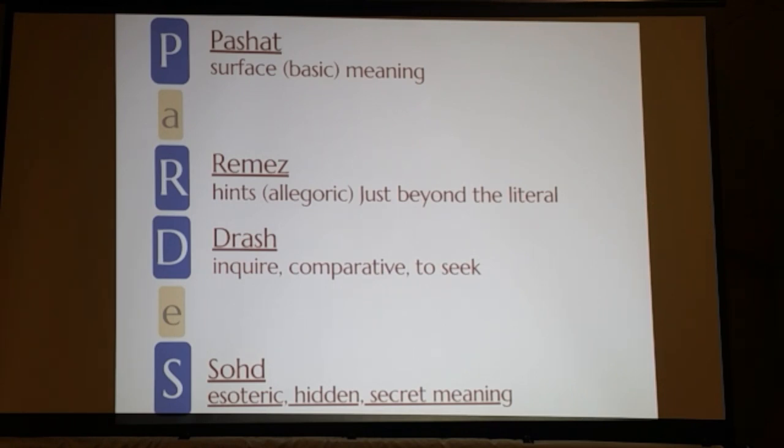The Remez is the hints or the allegory. It's just beyond the literal. Let's go back to Genesis 1:1. In the beginning, God created the heavens and the earth. A remez behind that might be the fact that he created plural heaven and one earth. There's kind of a hint of something going on there. You see where I'm going with this? Okay. So heavens, I'll just take some of Carol's thunder. Shh, don't tell her.